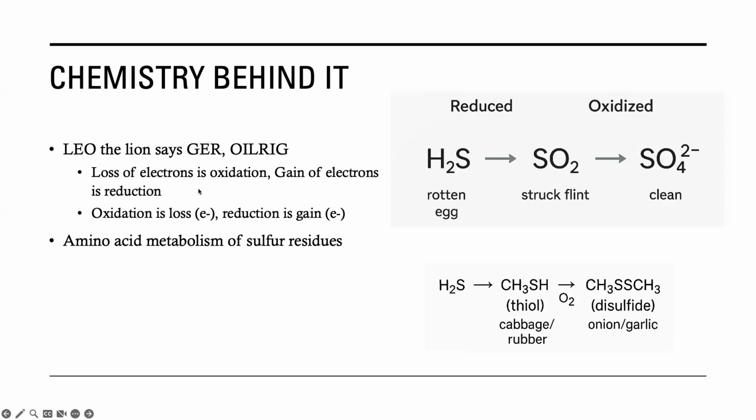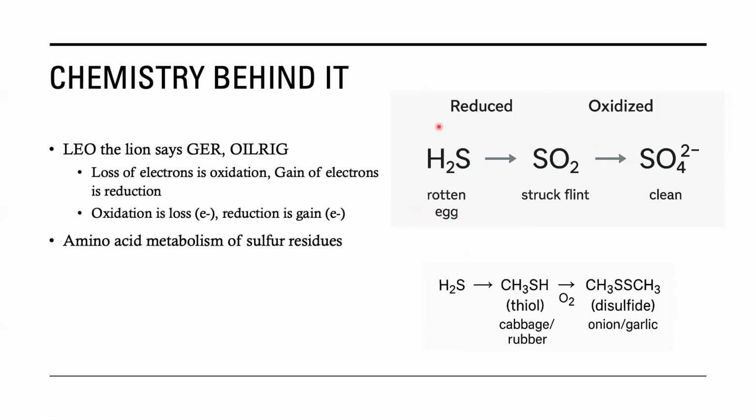So when we're talking about reductive aromas, those molecules gained some electrons and were changed chemically. If we look at this figure over here, I'm going to put my little laser pointer on the right-hand side.